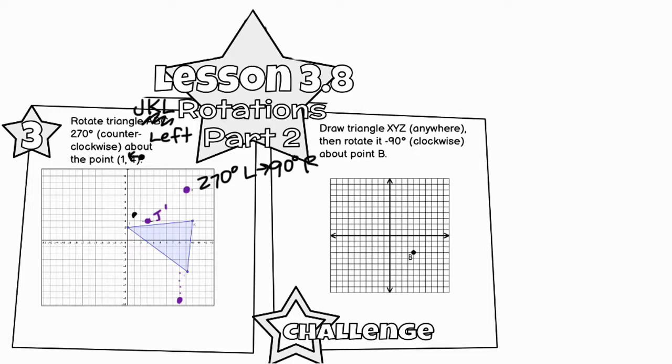So go over 1 and up 4. So 1, 2, 3, and I'm off the other one again as well here. So then this would be my actual triangle way up here. So that's rotating about the point J.